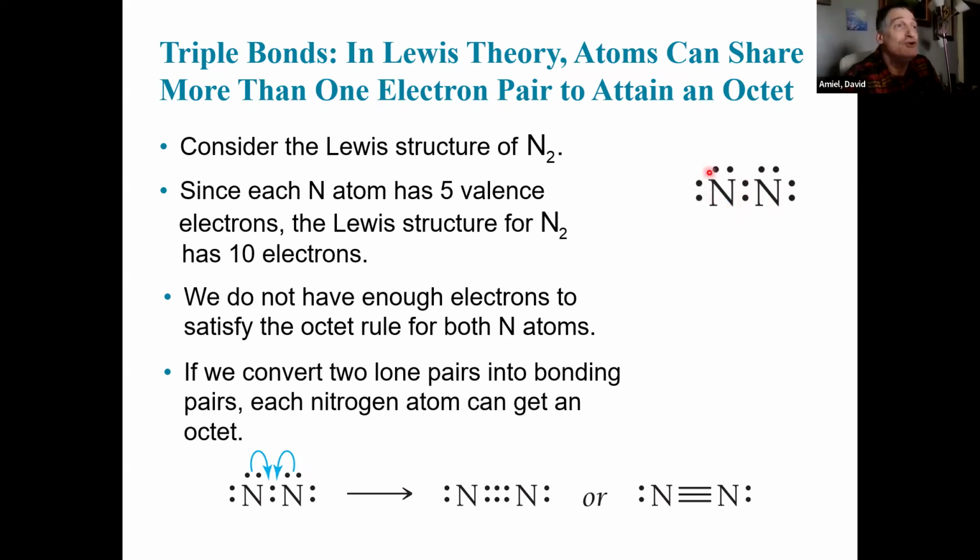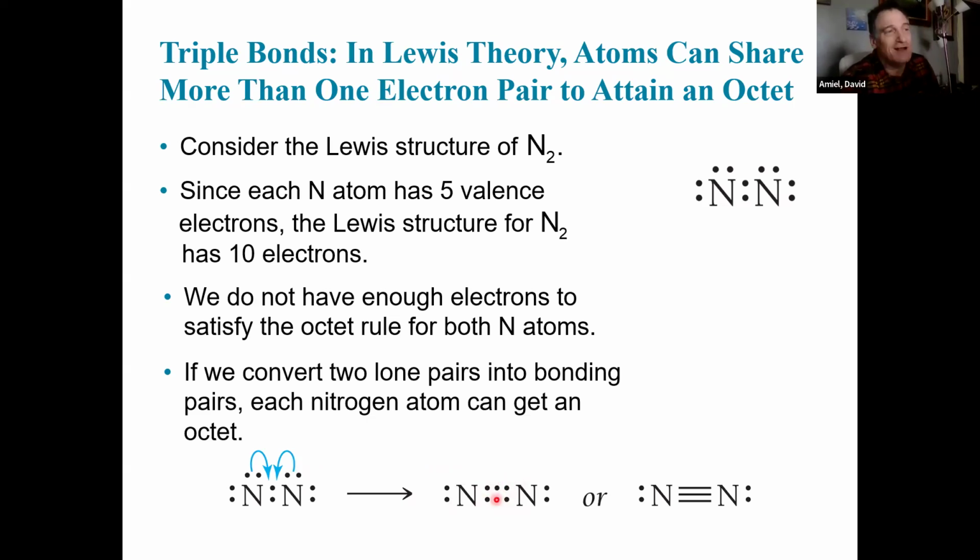But if we take two lone pairs, one from each nitrogen, and put them as shared electrons, that's what's shown here with these blue arrows. They're taking a lone pair from one of the nitrogens and a lone pair from the other nitrogen and converting them into shared pairs.